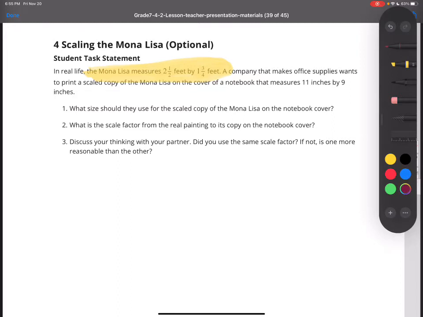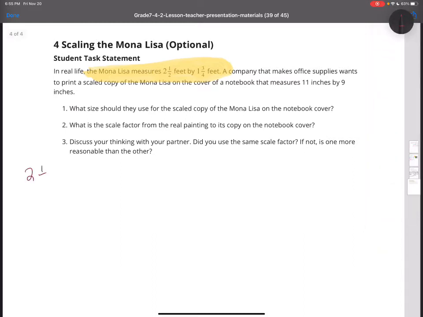Now, just like I said in the last problem, anytime that we're working with a mixed fraction, you want to convert it into its improper fraction form. What I mean by this is 2 1/2 feet. You multiply the whole number 2 times the denominator and add your product to the numerator at the top, which would be equal to 5/2.